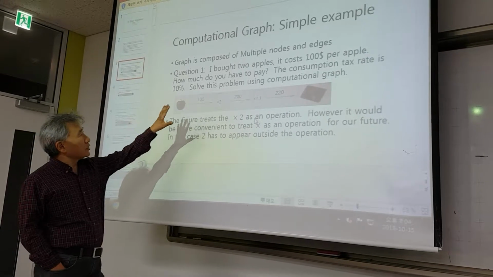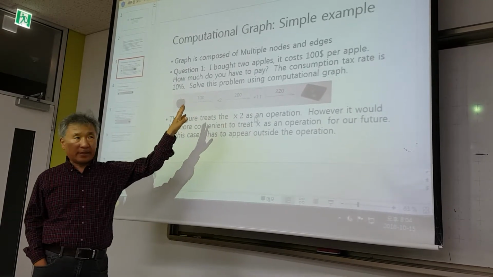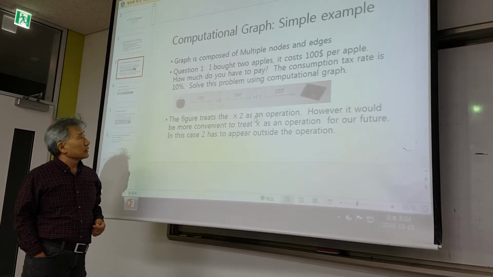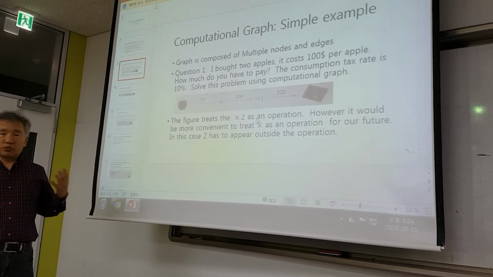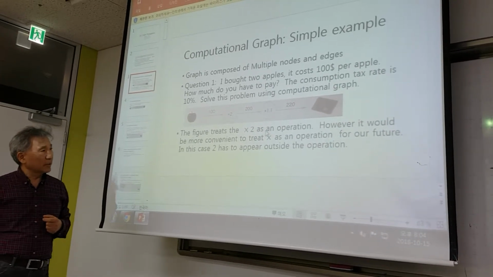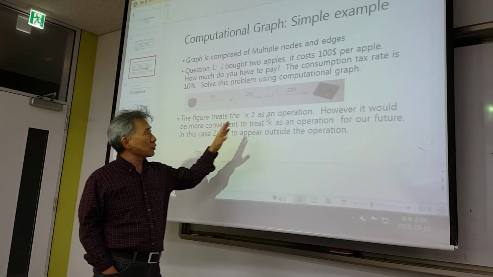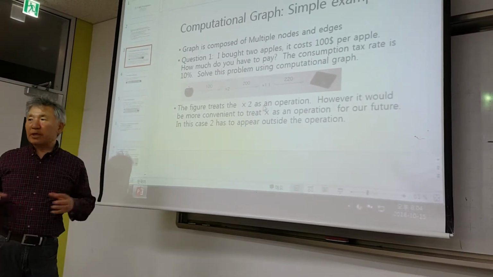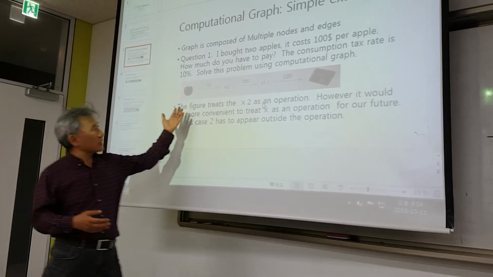Let's assume that you buy 2 apples, and it costs $100 per apple. How much do I have to pay if I buy 2 apples? Let's assume the consumption tax rate is 10%. We can solve this problem graphically using this process.